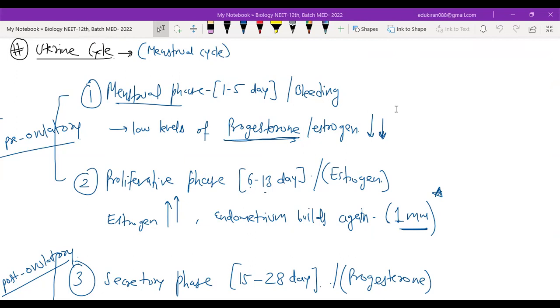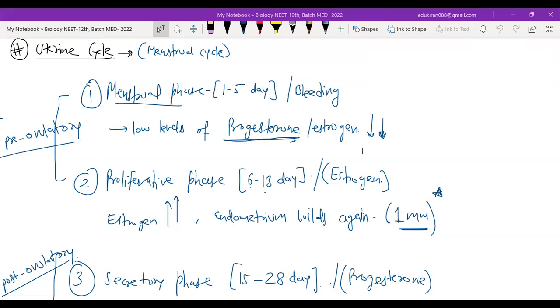Menstruation happens from the first day to the fifth day, in which the endometrium is shed off along with mucus. Then there is the proliferative phase or the follicular phase, between the 6th day and the 13th day, in which the estrogen starts rising and the endometrium starts building again, about 1 millimeter.